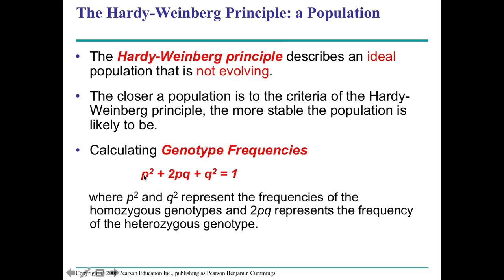So p² is homozygous dominant, 2pq is how often heterozygous shows up, and q² is how often homozygous recessive shows up.